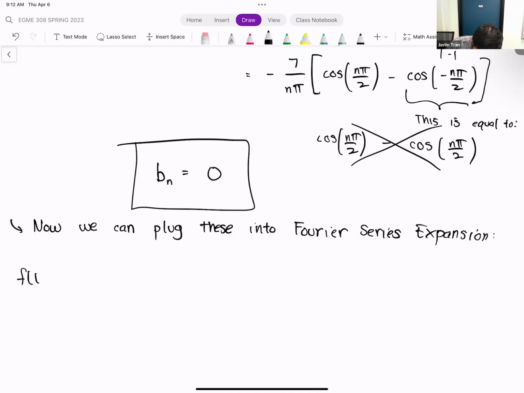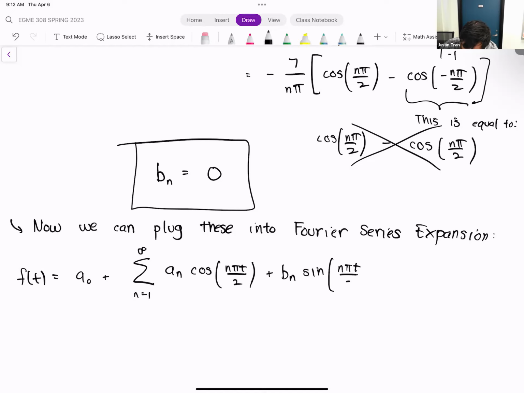Okay, so Fourier series expansion, we have f of t is equal to a0 plus an infinite summation, which we're not going to do infinite, we're going to cut it off at a certain point, of an cosine of n pi t divided by 2 plus bn sine of n pi t over 2.